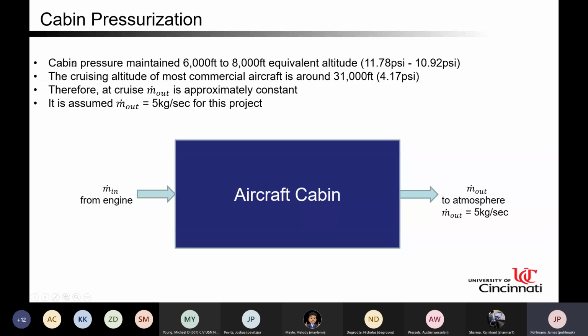Moving on to cabin pressurization. There's a pressure range that the aircraft cabin has to maintain. If you assume that the density inside the cabin is relatively constant, then the mass flow in has to equal the mass flow out, and you assume a constant mass flow out of 5 kilograms per second.